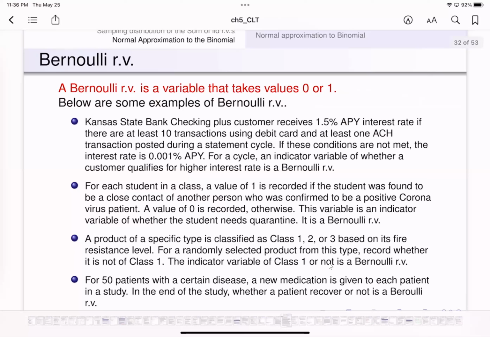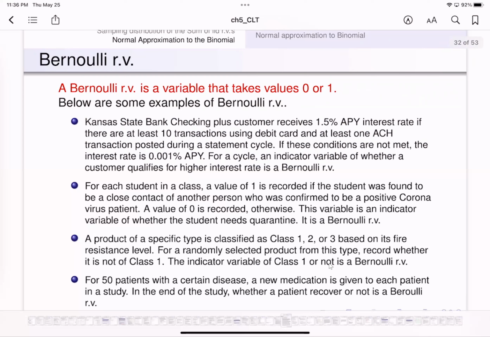Originally we have 3 categories, 1, 2, and 3, but we care about one of them and combine the other 2 together, so that any randomly selected product belongs to one class, the one of interest or not of interest. So that becomes a Bernoulli random variable.